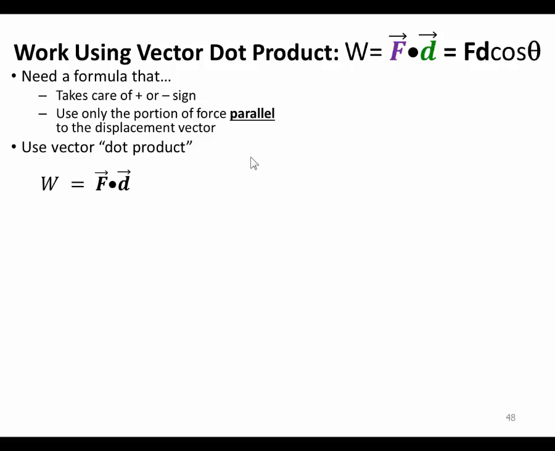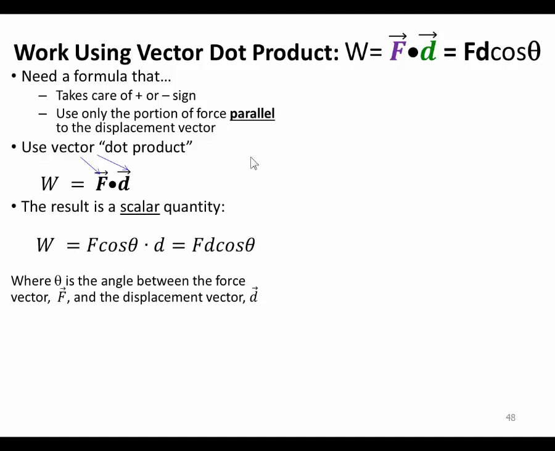The mathematical function we'll use to do this is called the dot product. I use a big fat dot just to make it stand out, but literally you put a dot in between the two, and you should show vector notation above both. These are the two vectors, force and distance. The resulting quantity coming out of this calculation is a scalar quantity. Work is a scalar quantity.